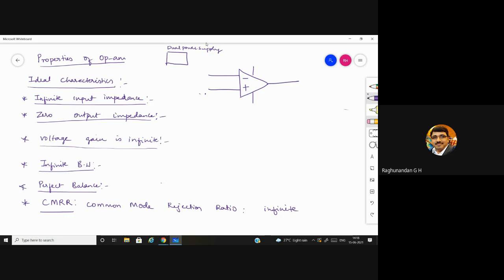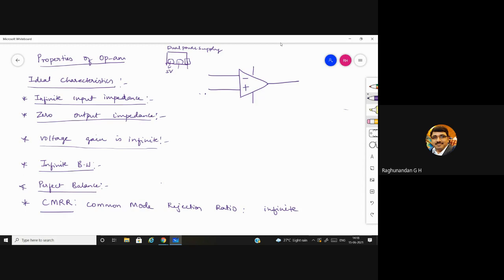In the ED lab, whatever we used last time, we had a fixed power supply of some 5 volts, and we had two variable power supply terminals from where we used to take the output. So this is known as dual power supply.